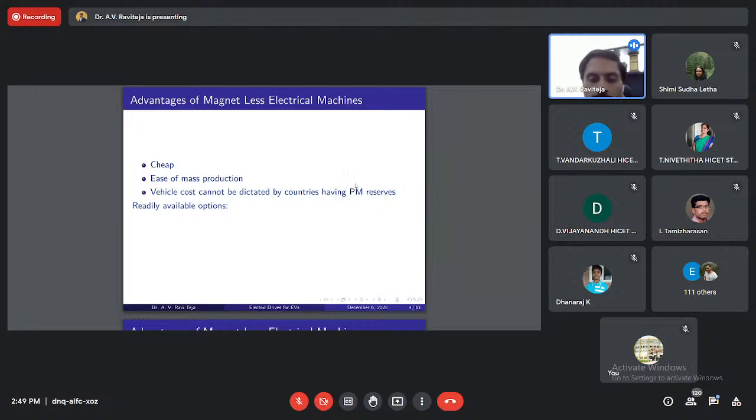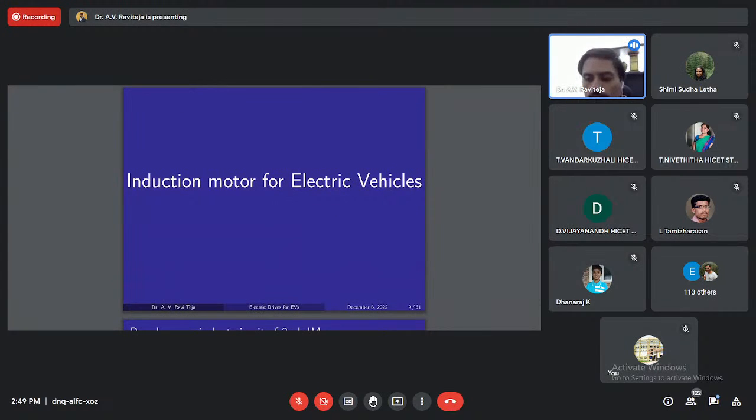Then it will be dictated by where we are importing from. So we do not have direct control over the vehicle cost the moment we use permanent magnets in the EVs, or electrical machines that have permanent magnet inside. So it is always preferable to go for available options which do not have permanent magnet, like induction machine and switched reluctance machine. Right? So now we will discuss induction motor for electric vehicles.